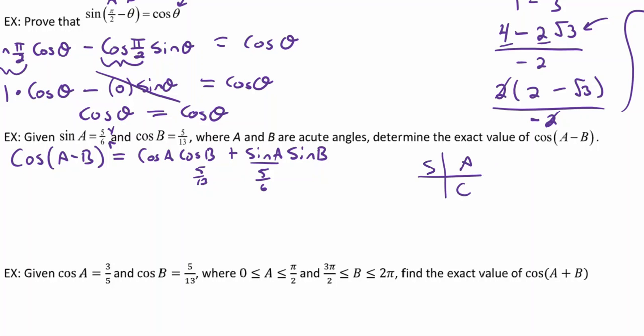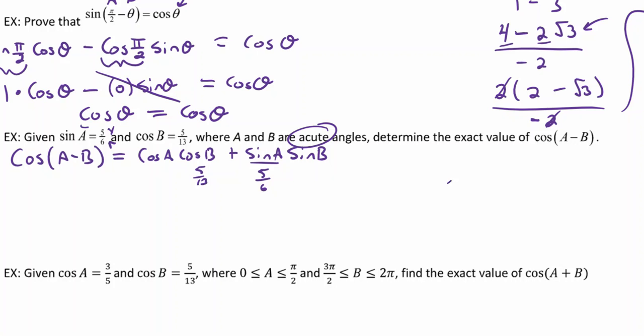If I'm doing CAST, then this angle could be in this quadrant or in this quadrant. But it did say A and B are acute angles, so it's less than 90 degrees. It can't be this angle, that would be an obtuse angle. So we know that it's in quadrant 1. Okay, I'm just going to erase that, and that'll be for the other one as well.